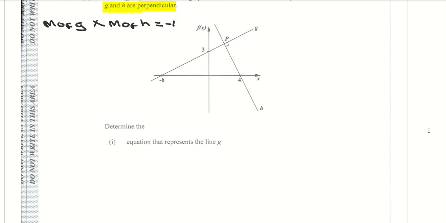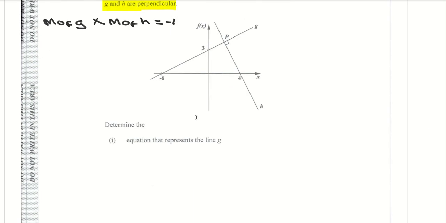Now, if we look at this here, we see f of x, which is also known as y, and x. We know on your x-axis, y is equal to 0, and on your y-axis, x is equal to 0. This point right here, they told you that x is equal to 4.